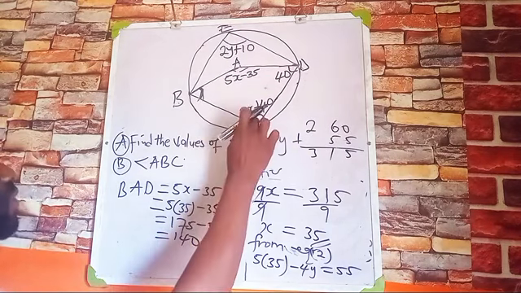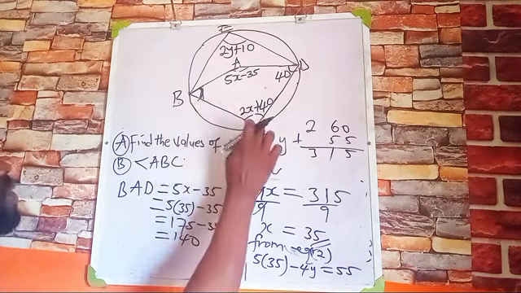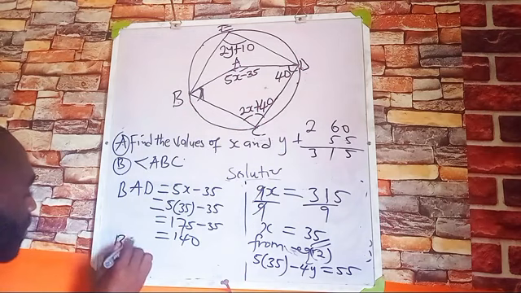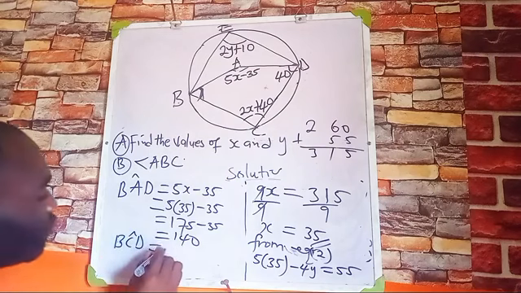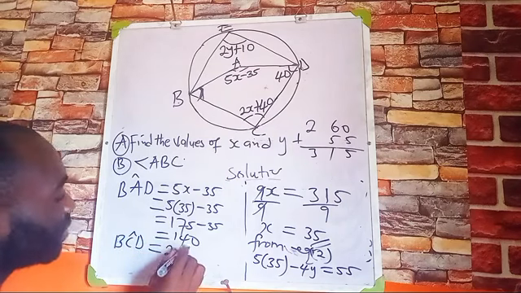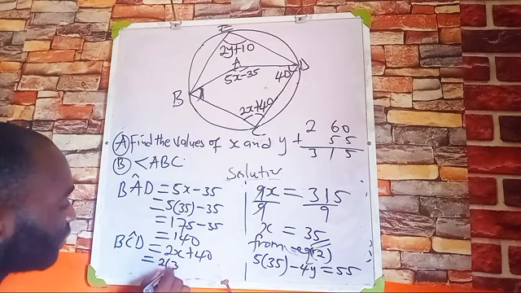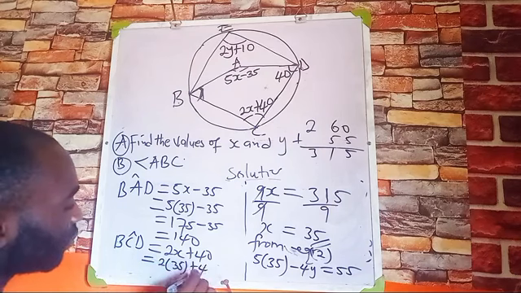Then this angle here, let's say angle BCD, would be 2x plus 40, and this is the same thing as 2 bracket open 35 plus 40.